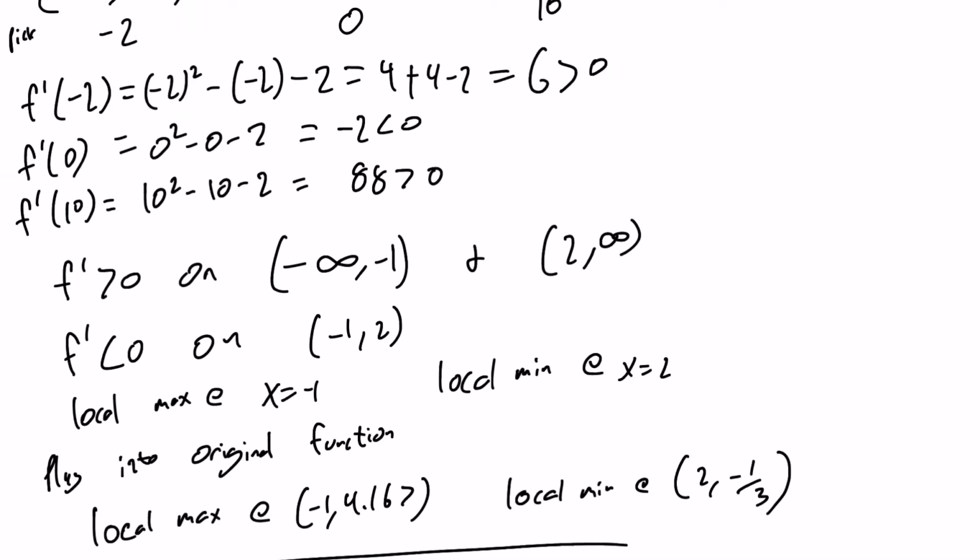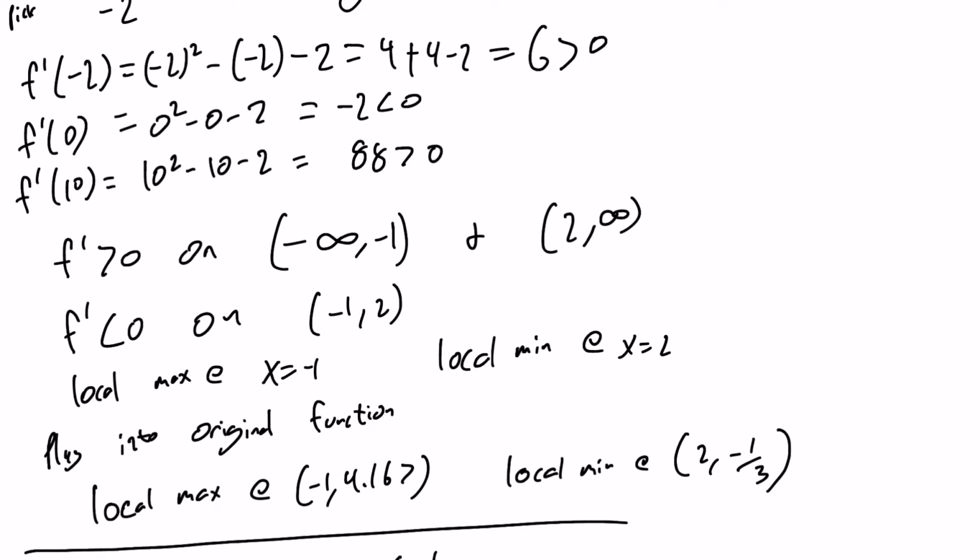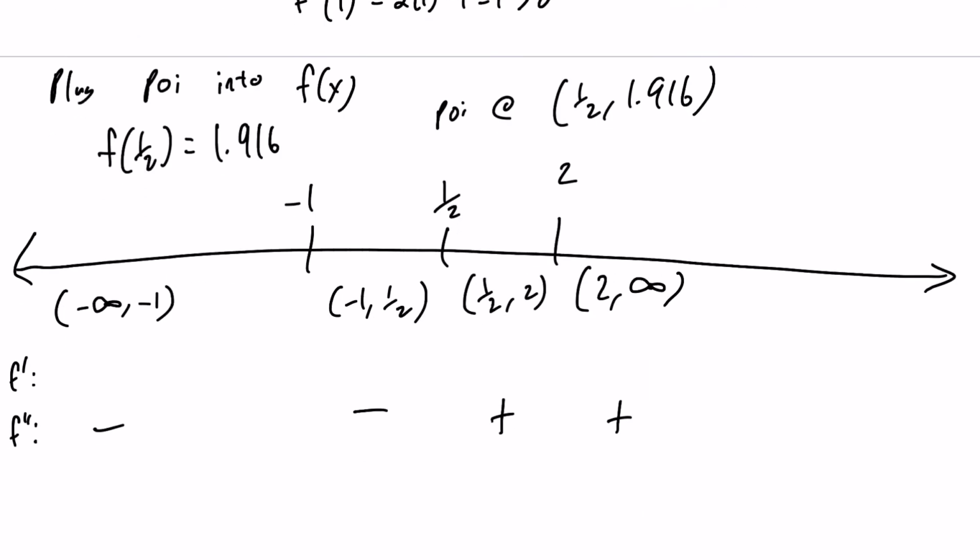And what about the first derivative? What do we know? Well, we know the first derivative is bigger than 0 on the interval from minus infinity to minus 1 and from 2 to infinity. So we're positive on the interval from minus infinity to minus 1 here, and the interval from 2 to infinity.